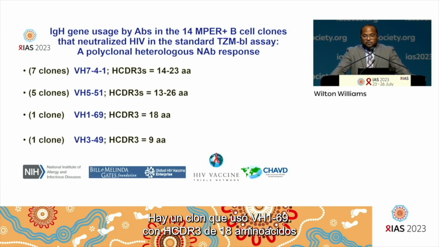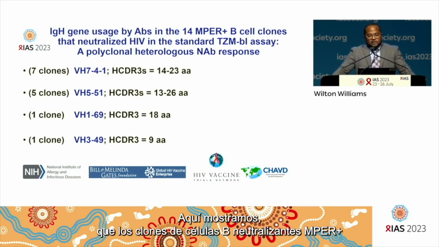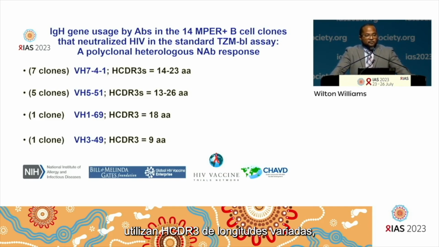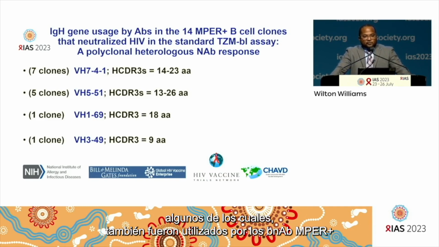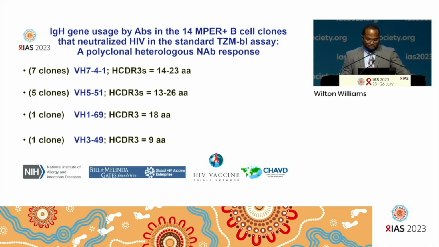There was 1 clone that used VH1-69 with an 18 amino acid long HCDR3, and another clone that used VH3-49 with a 9 amino acid long HCDR3. So here we show that these neutralizing EMPER-positive B-cell clones use varied HCDR3 lengths, some of which were also used by EMPER-positive bNAbs that were previously isolated from chronic human HIV-1 infection.